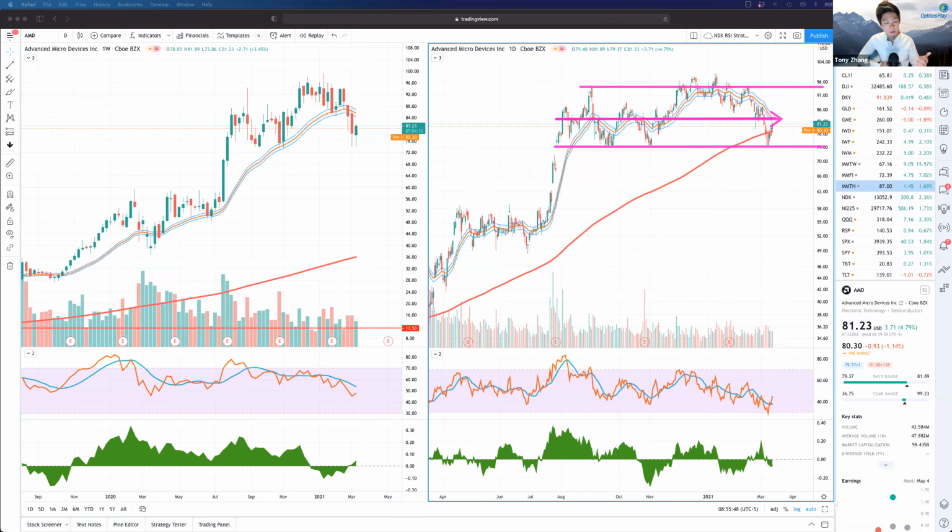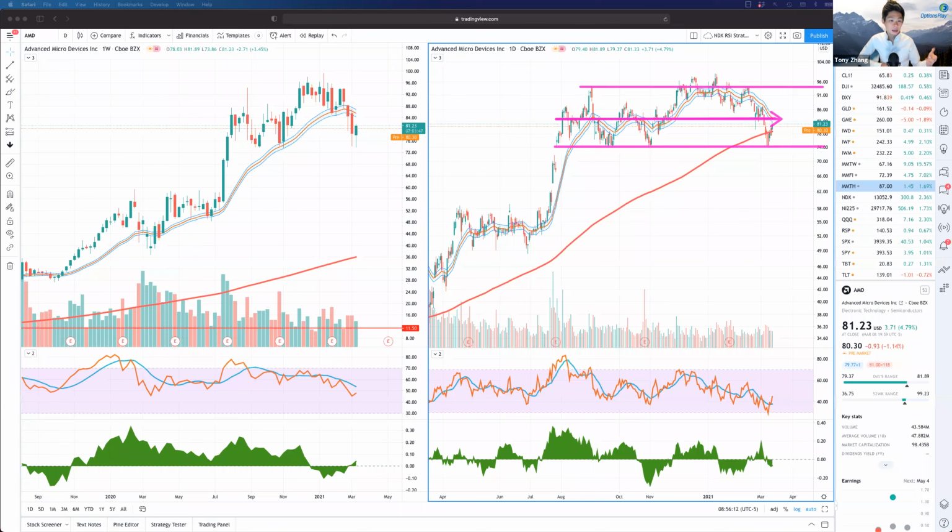But there are strong fundamental reasons, in my opinion, why AMD will continue to take market share away from Intel, as Intel has some stumbles on the execution of its 7 nanometer chips, which AMD is already out there with, and AMD is already looking at 5 nanometer chips with Taiwan Semiconductor in 2020.